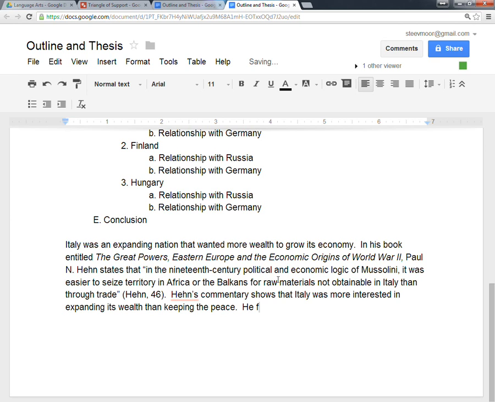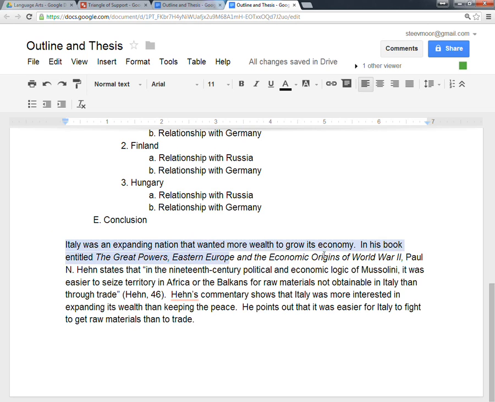He points out that it was easier to fight to get raw materials than to trade. Easier, I'm going to say, for Italy to fight. And that is how you make a paragraph.